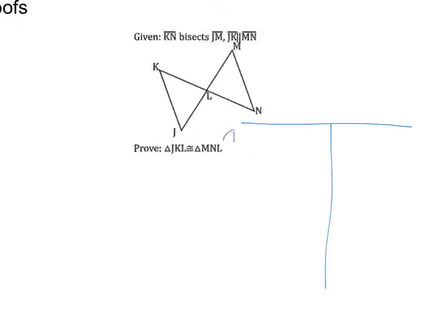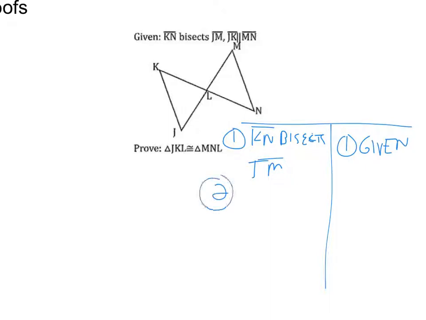Here, same kind of idea. Given statements: 1, KN bisects JM, which means to cut in half. And 2, JK is parallel to MN. That is also given.